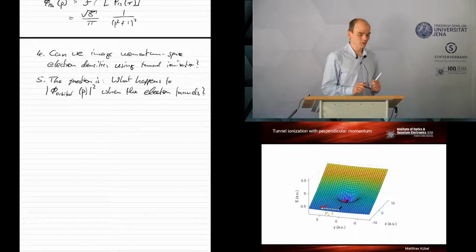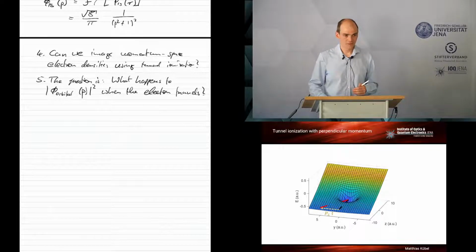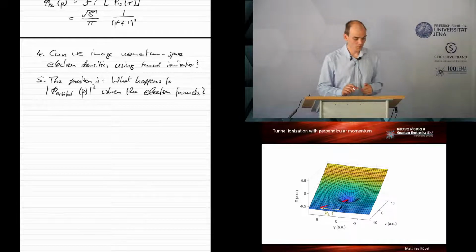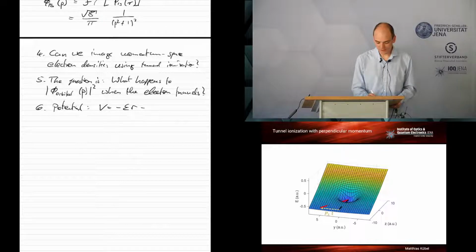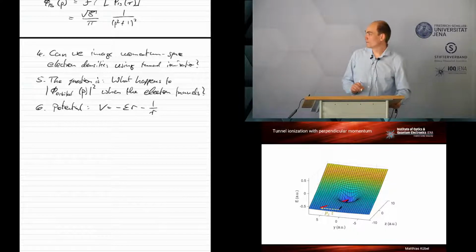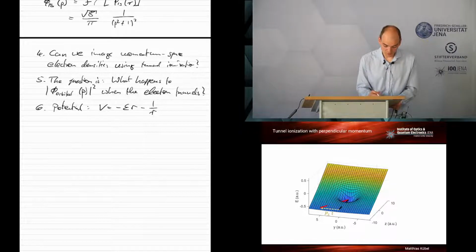So we have here a visualization of the potential that we previously drew in 1D, now in 2 dimensions. Maybe I draw here what our potential is. Our potential is, of course, the part of the laser minus the part from the atom.